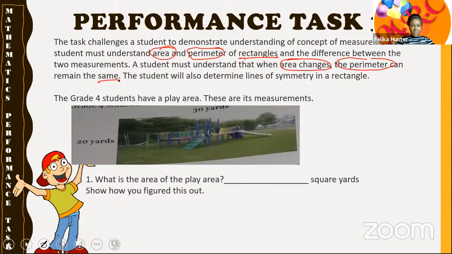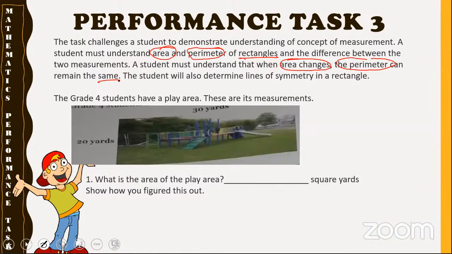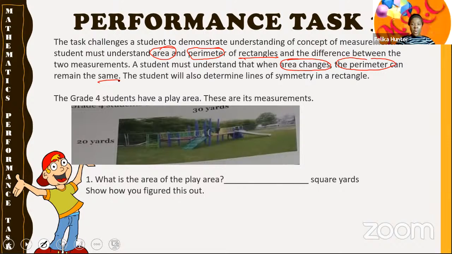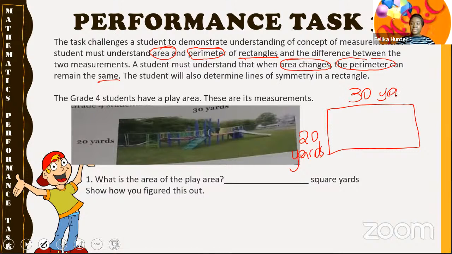All right. So the first question says, what is the area of the play area? The picture doesn't show it as I would want it to show. However, it's a rectangle. This side here is 20 yards, and this side here is 30 yards.